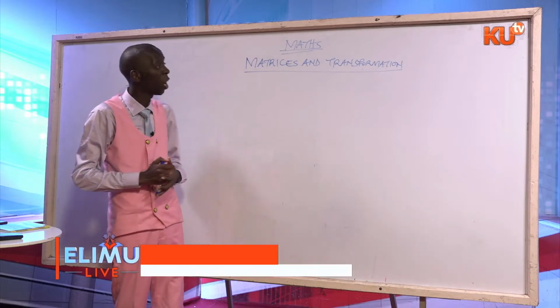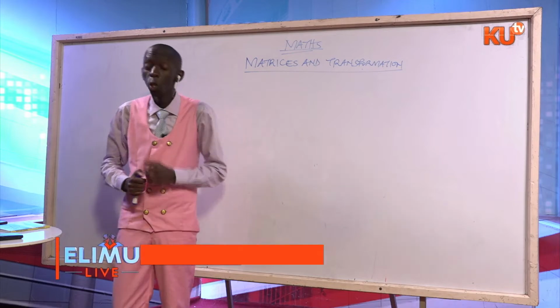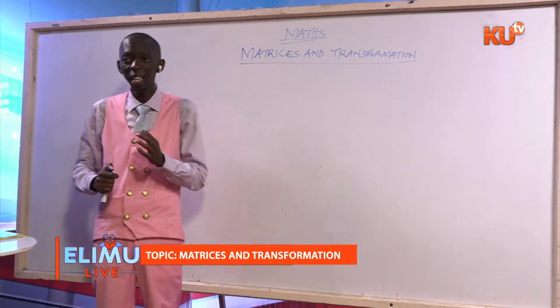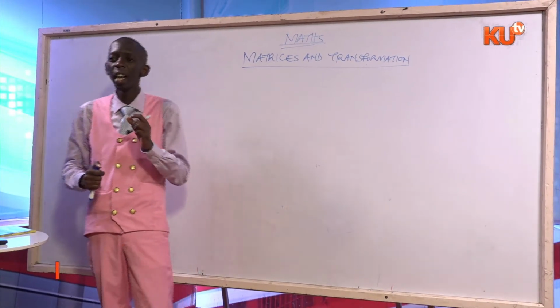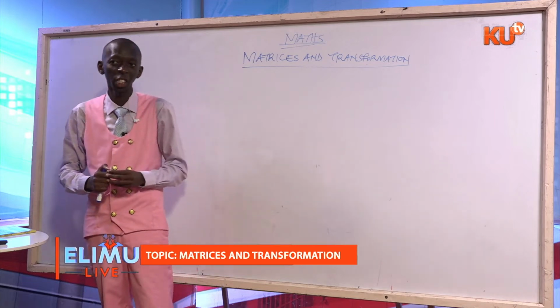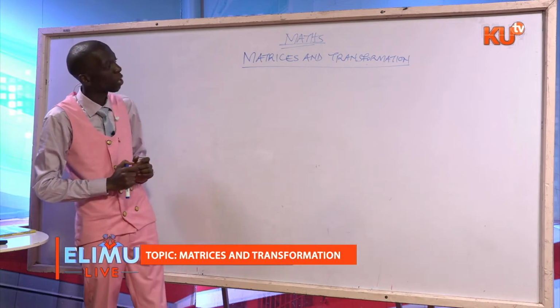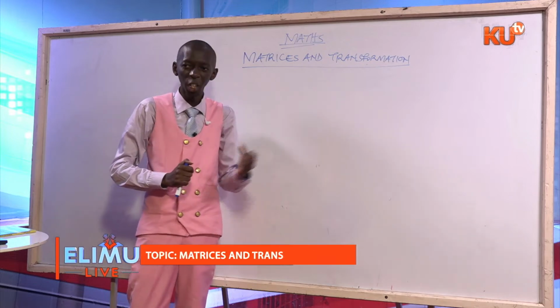It's a simple and very interesting topic. In Form 2, you learned about transformation like translation, rotation, and reflection. So in Form 4, we're going to combine matrices and transformation.